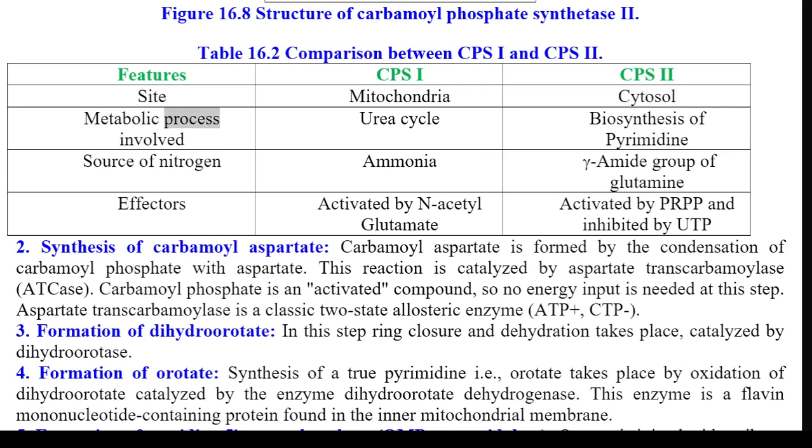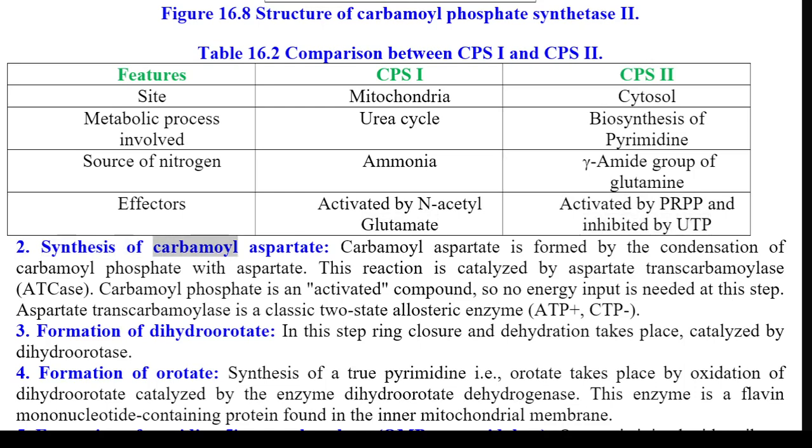Metabolic process involved: urea cycle; biosynthesis of pyrimidine. Source of nitrogen: ammonia; gamma amide group of glutamine. Effectors: activated by N-acetyl glutamate; activated by PRPP and inhibited by UTP.